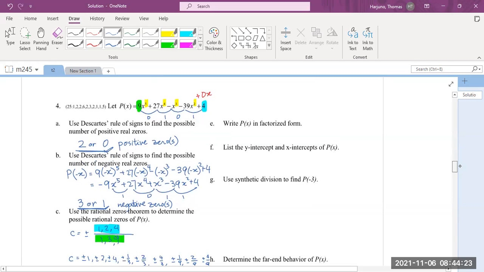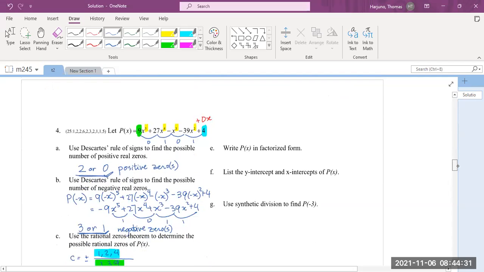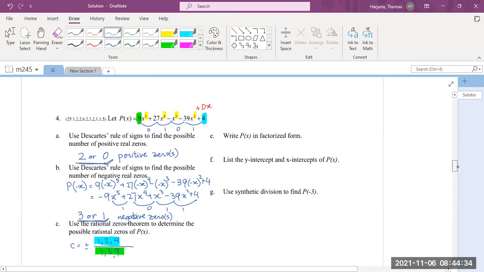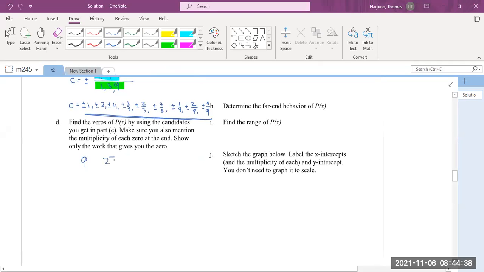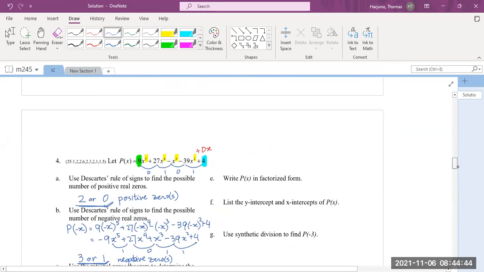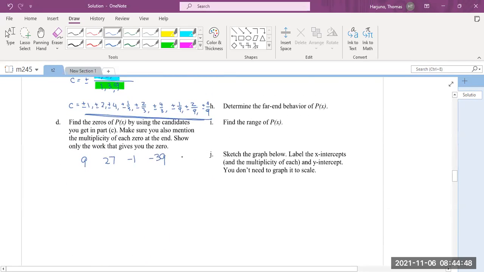I will first write down the coefficients. That's 9, and then I forgot. That's the degree of 5, and then 27, -1, -39, and that's negative 39 for degree of 2. Okay, and then degree of 1 is 0, and then plus 4.